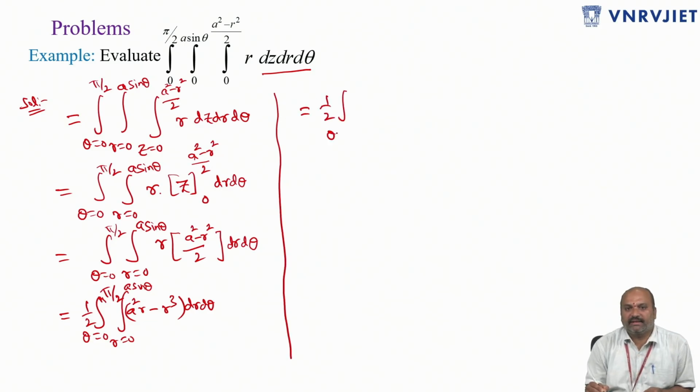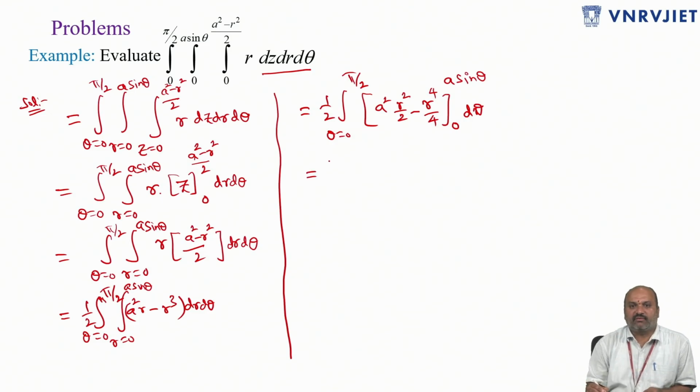1 by 2, integral theta varies from 0 to pi by 2. Integrating with respect to r, a square is constant, and the r integral is r square by 2, minus the r cube integral is r power 4 divided by 4. The upper limit is a sin theta and the lower limit is 0, d theta. This is equal to 1 by 2, integral theta from 0 to pi by 2. Let's simplify.